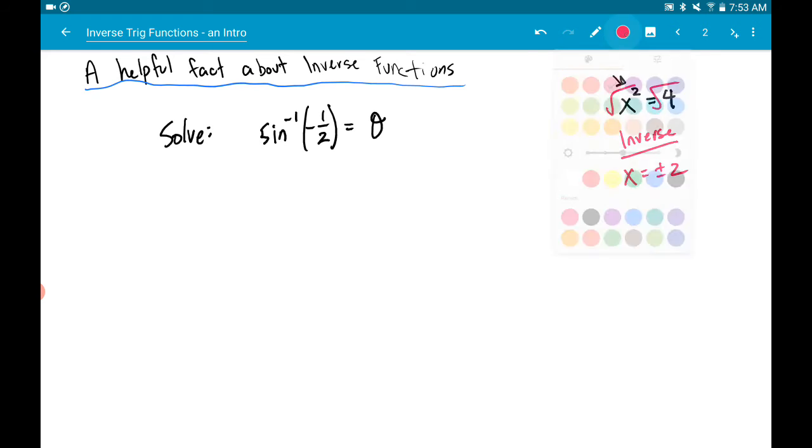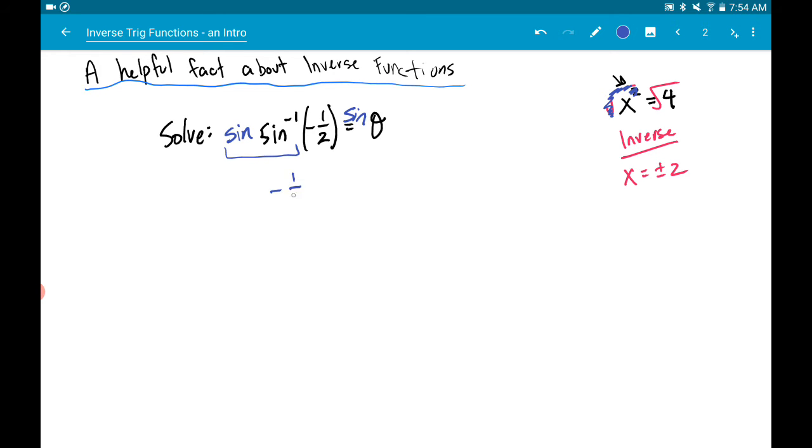And so if you have a sine inverse here, it's kind of weird to think about it, but if you sine both sides as an operation, just like the square and the square root canceled out over here, that's what the sine and the sine inverse do.